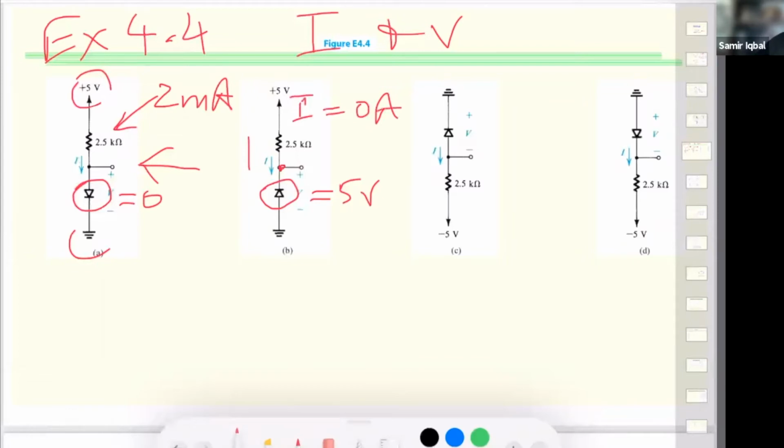All right. Third example. We have this guy as forward biased, right? And because this is less than 0, -5. So now this guy is forward biased, but the current of course will flow from higher potential to lower potential.